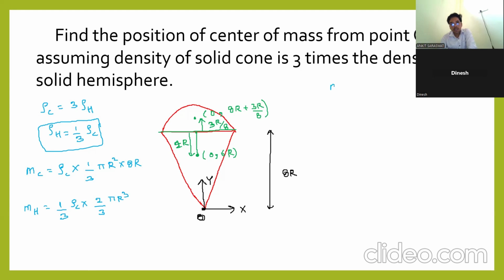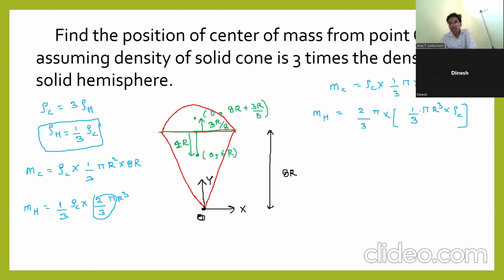If the mass of cone is m, that is rho c multiplied by 1 by 3 pi 8 r cube.